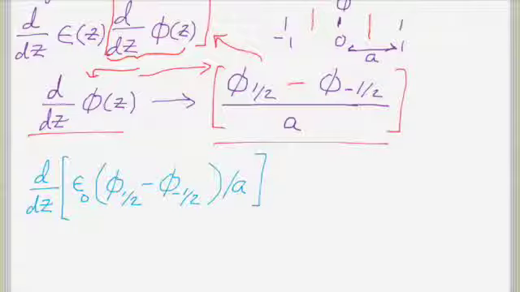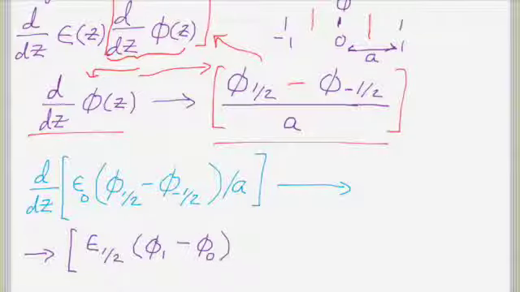And so that becomes what? That's going to equal. So when I apply this derivative, I take everything ahead about a half step, and I subtract everything behind by a half step. So let's go ahead and do that. Moving ahead 1/2 step, I have epsilon of 1/2 times, moving phi 1/2 a half step up, it's phi of 1, minus moving this -1/2 up a half step, phi of 0.